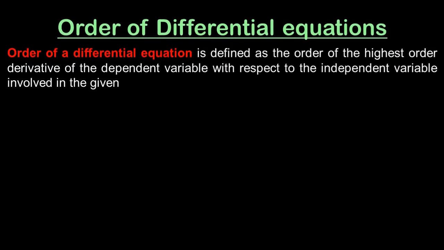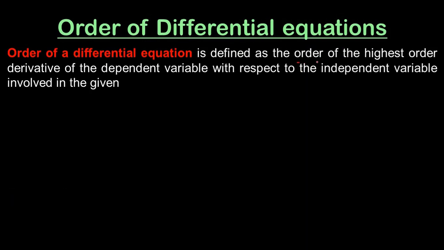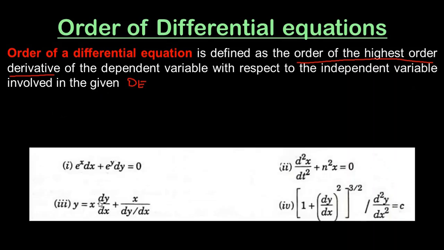Order of a differential equation is defined as the order of the highest order derivative in the differential equation. So order of the highest order derivative. What do we mean by that? So let us look at these examples. Let us convert the first equation again.